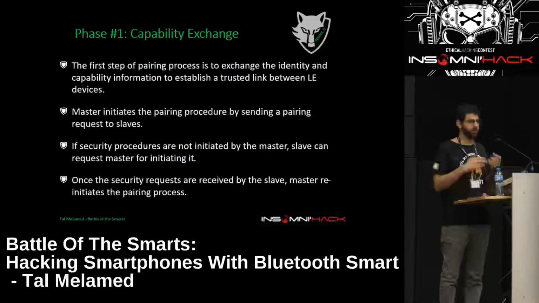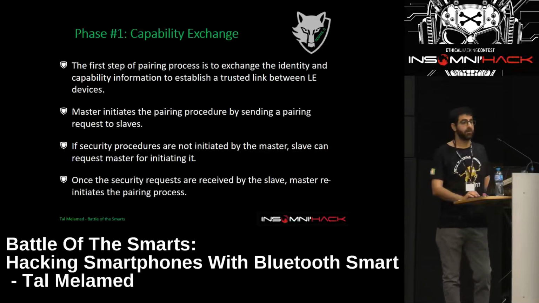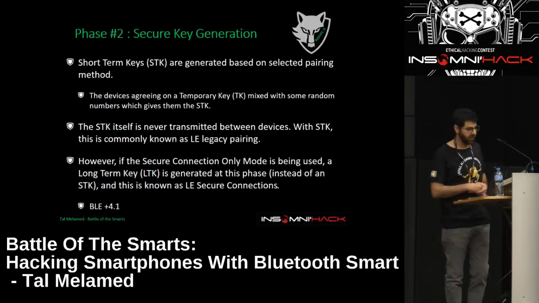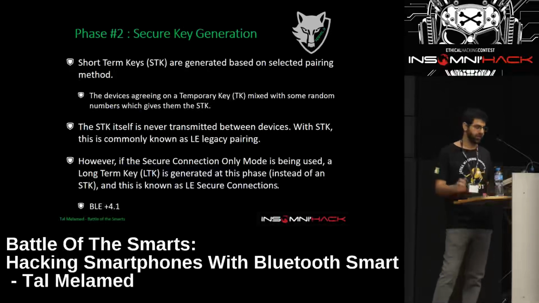After they decide what is the preferred pairing method that each can support, they initiate the pairing process. In the second phase, the master, which is the hosting device, generates a short-term key. The short-term key is derived from the pin that is part of the pairing method.